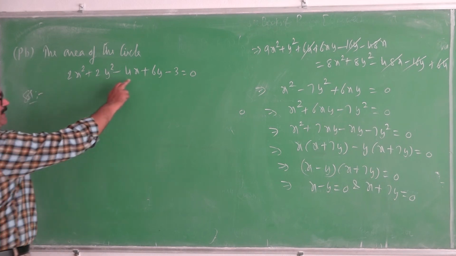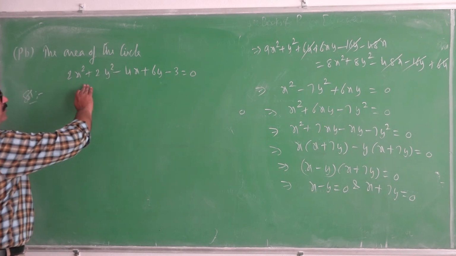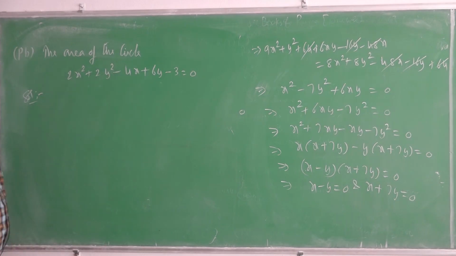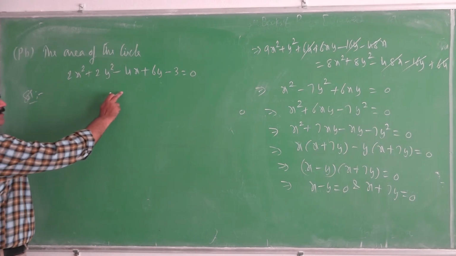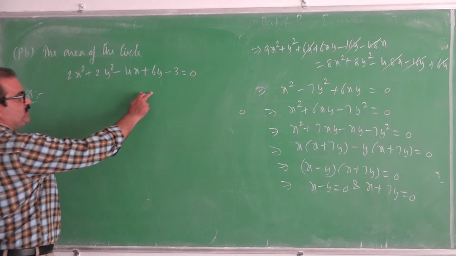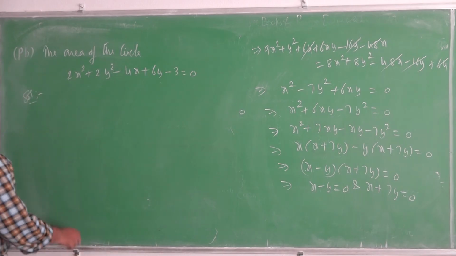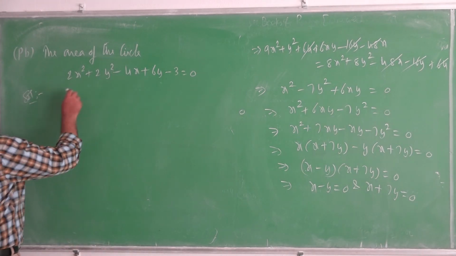To find the radius of this circle, we reduce this equation into standard form. What is the standard form of a circle? x square plus y square plus 2gx plus 2fy plus c is equal to 0. Okay, take 2 common.